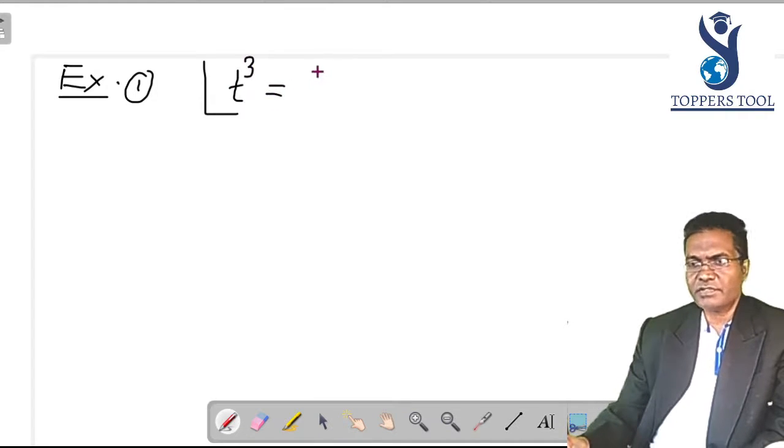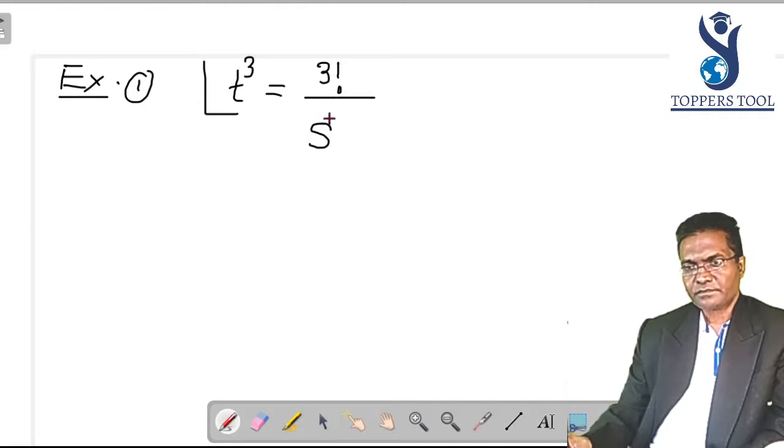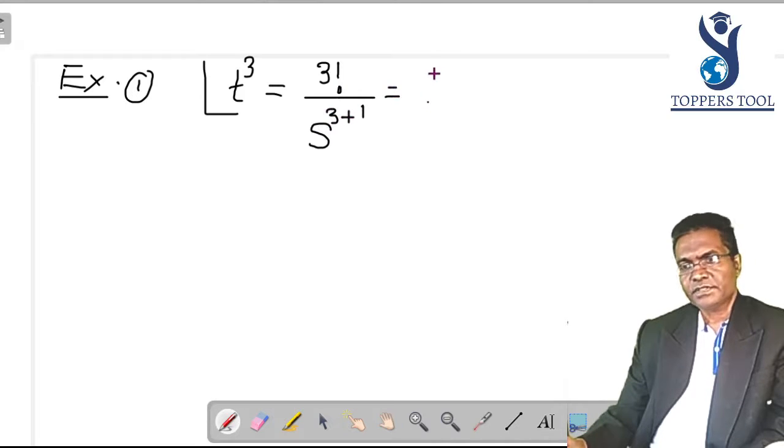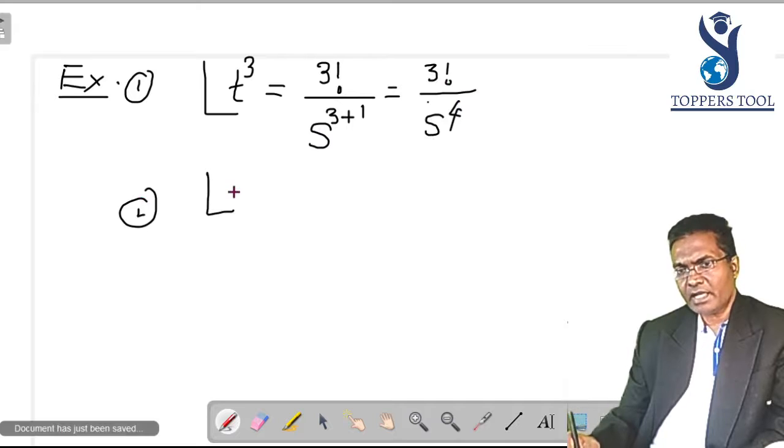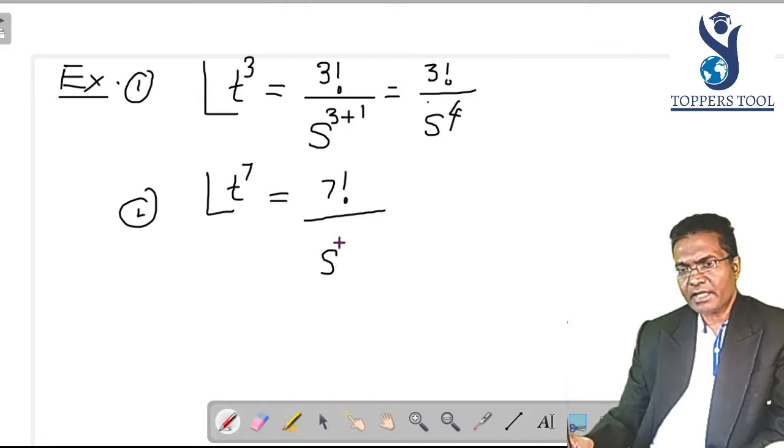Here 3 is a positive integer, so you can write n factorial, that's 3 factorial by s power 3 plus 1, that is 3 factorial divided by s power 4. Similarly, L of t power 7 can be written as 7 factorial by s power 7 plus 1, 7 factorial by s power 8.